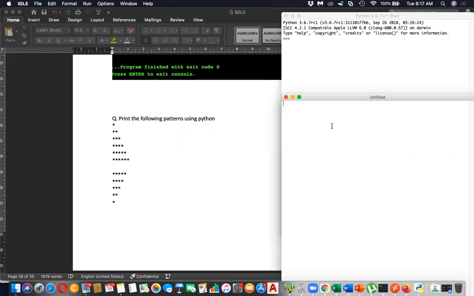So you can say x equal 1, while x less than or equal to 6, then print asterisk, and then x equal x plus 1. Try to get the concept, not just the answer. The answer itself is not enough.